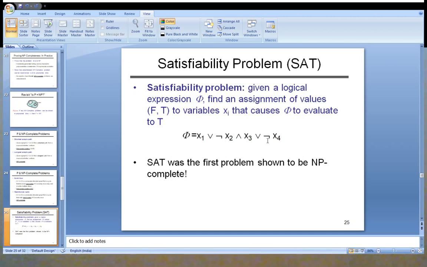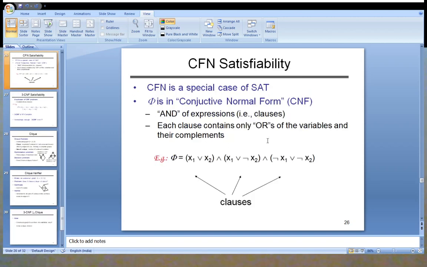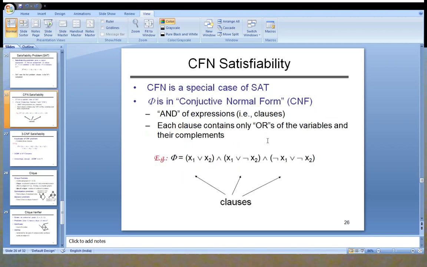The satisfiability problem was the first problem shown to be NP-complete. The CNF is a special case of the satisfiability problem. Here the function is written in CNF form. We have conjunctive normal form, and each clause contains only the OR of the variables and their complements.